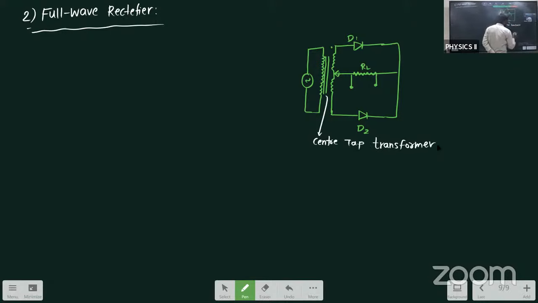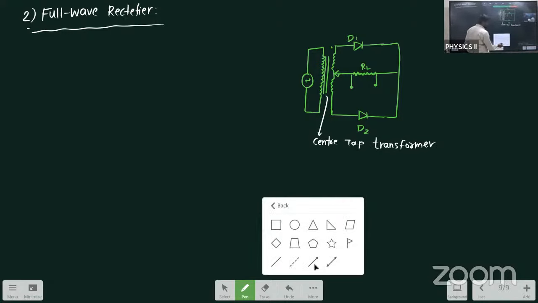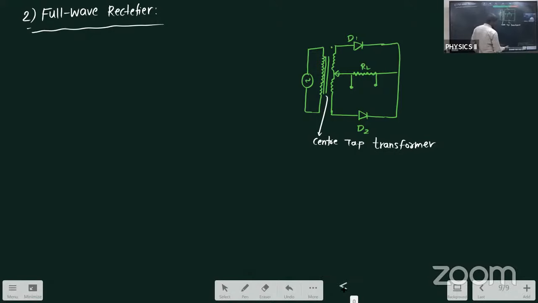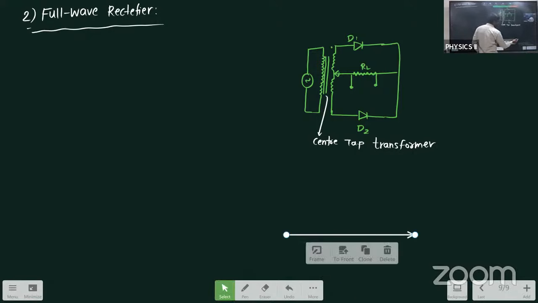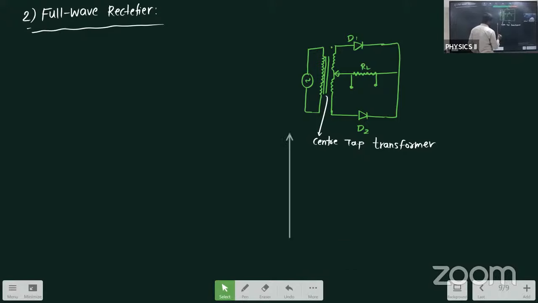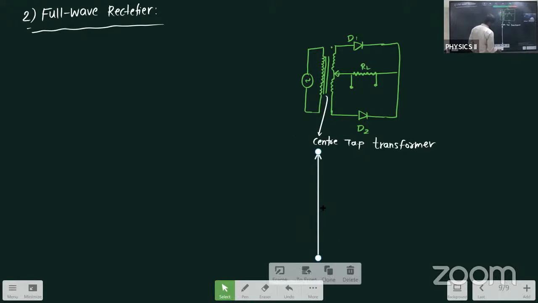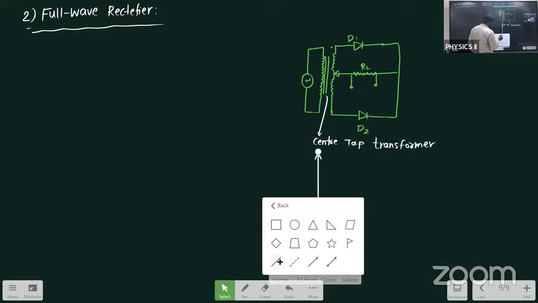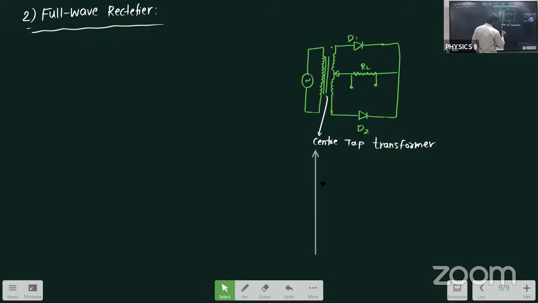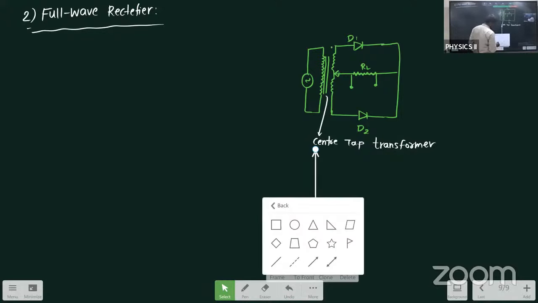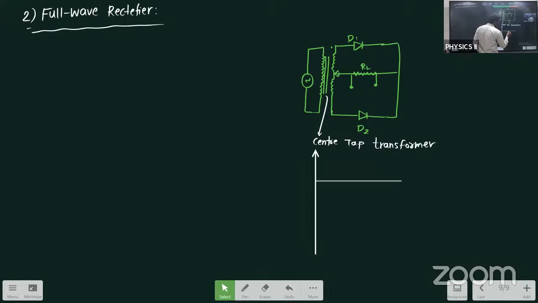Here itself, I am drawing the input and output waveforms so that you can write directly below this. So this is one axis. This is input.